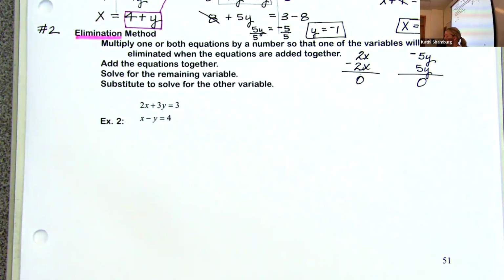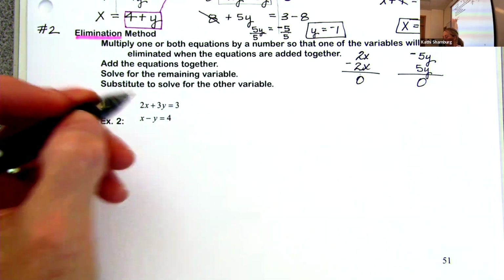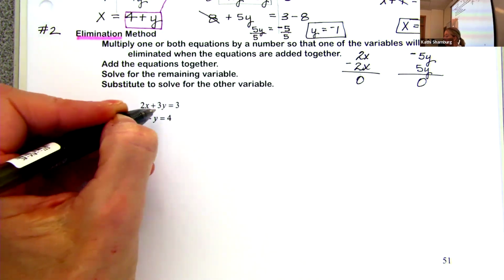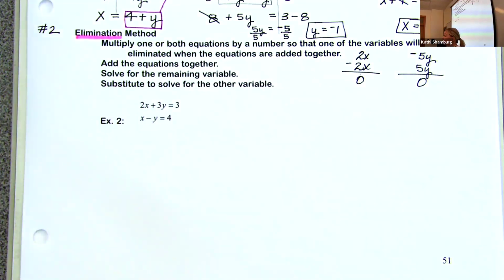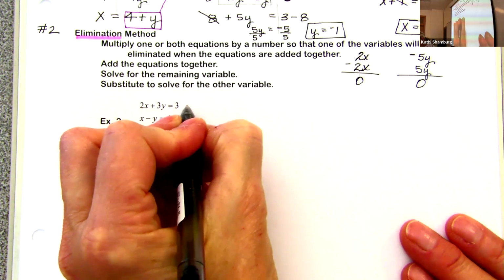So then I would ask myself, do either of them already have opposite signs? Well, this is positive and positive, this is positive and negative. So my y variable is already opposite signs, right? Okay, so I'm going to eliminate the y's. So here's how we do that.